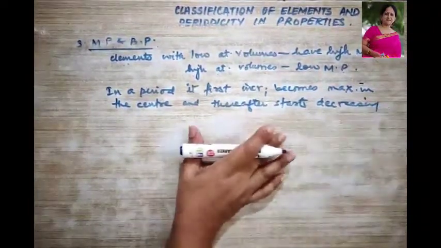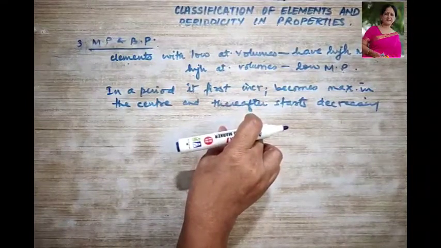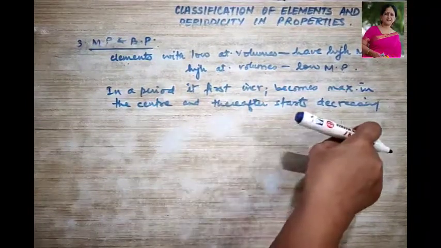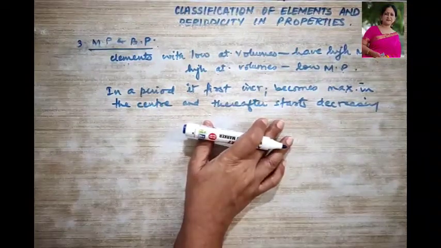I hope this point is very clear. First it increases, at the center somewhere it is maximum, and again it starts decreasing till the end.